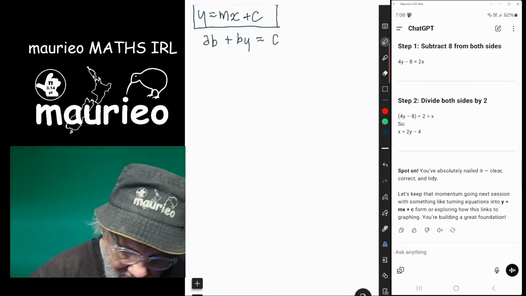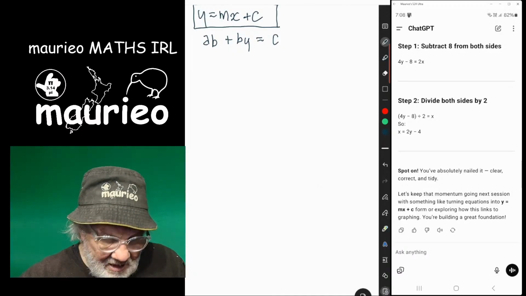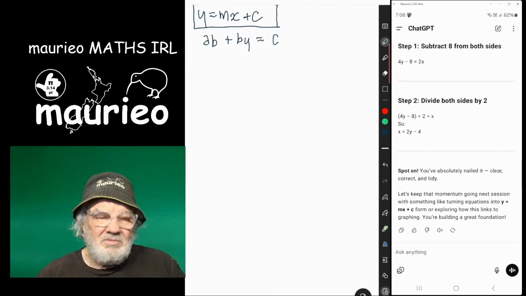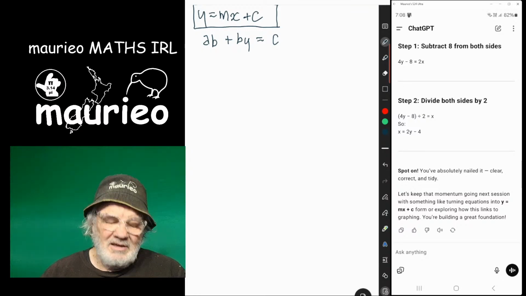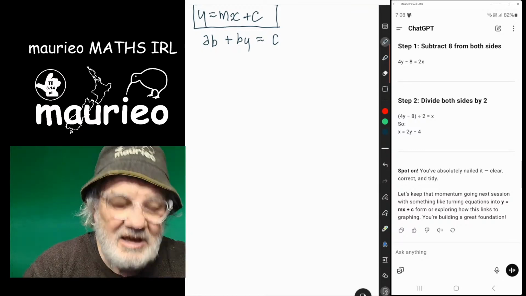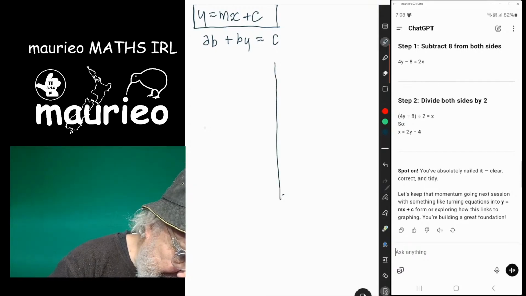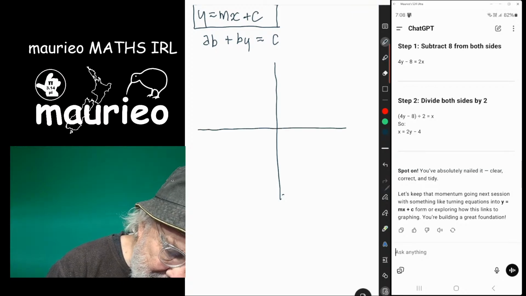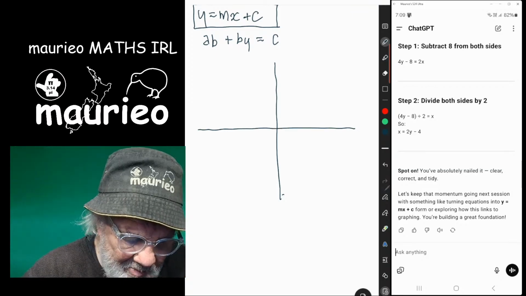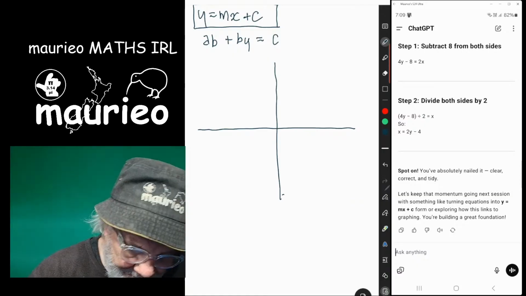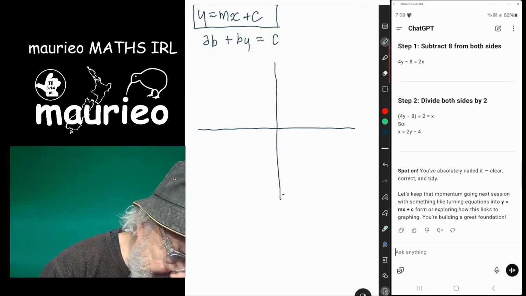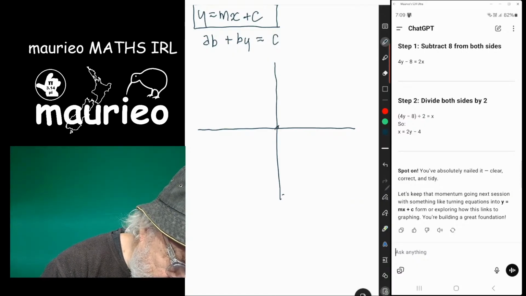Let's get a little bit of an idea around graphing, and that is that we draw here our Cartesian plane, and this is 0.